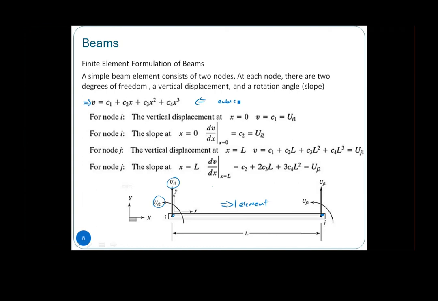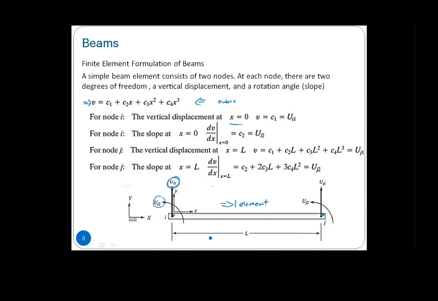So we need four equations, or four boundary conditions, to solve these four unknown coefficients. In this case, looking at this global coordinate, when x equals 0, which is at node I, we know that our displacement is equal to ui1.